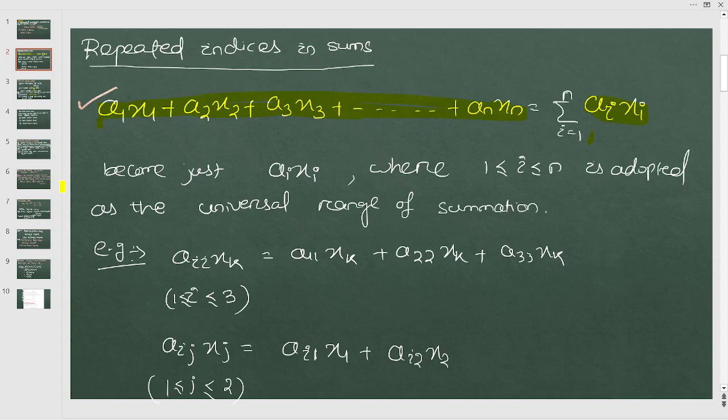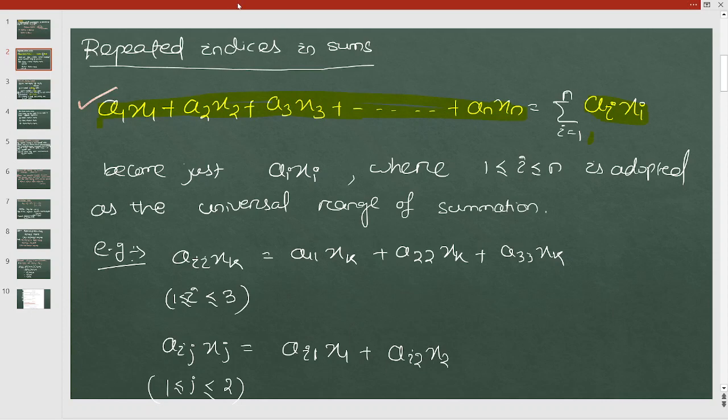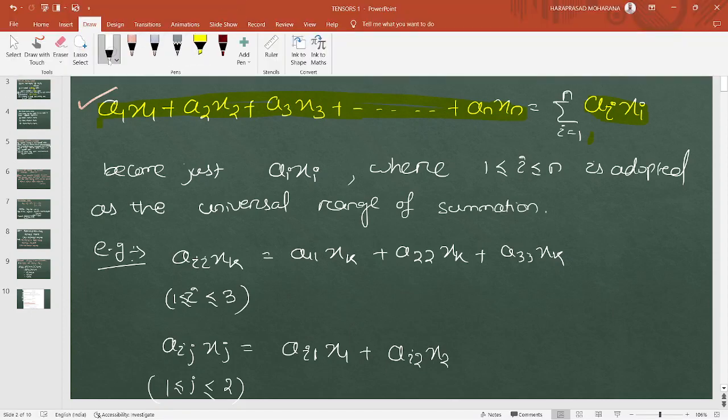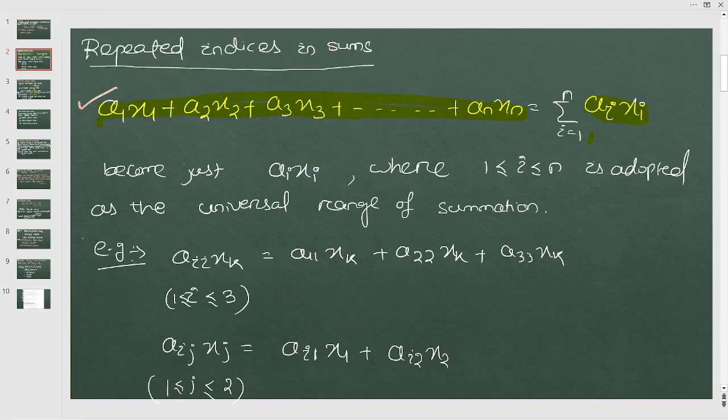For example, here i appears two times, and there is k, and you are given that i varies from 1 to 3. So in place of i, put 1, then 2, then 3. Here i comes two times, so I have written a11 xk, a22 xk, a33 xk.